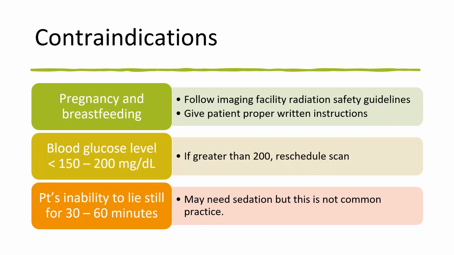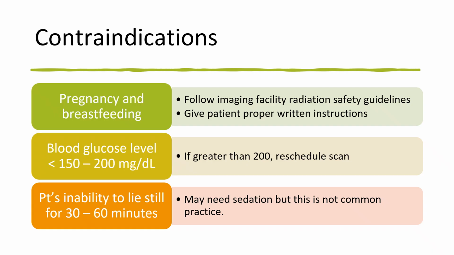There are a couple contraindications for doing FDG brain scans. Of course, pregnancy and breastfeeding are not absolute contraindications, they are relative ones. And so that means they can still be done on someone who is pregnant or breastfeeding if there is a medical necessity and if the benefits outweigh the risk.